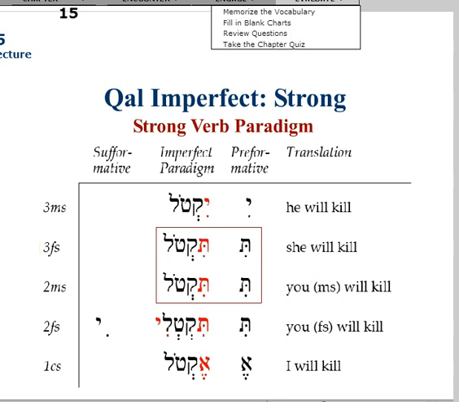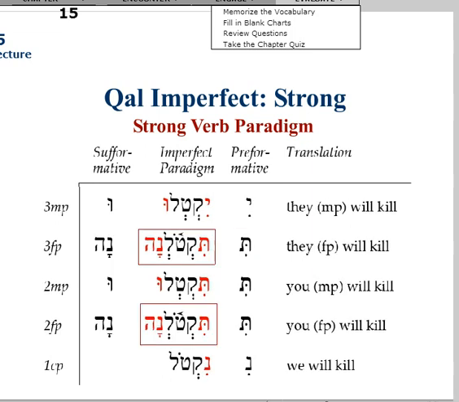That means that the form may translate either she will kill or you will kill. The form tiktolna may be either third feminine plural or second feminine plural. That means this form may translate either they will kill or you will kill.